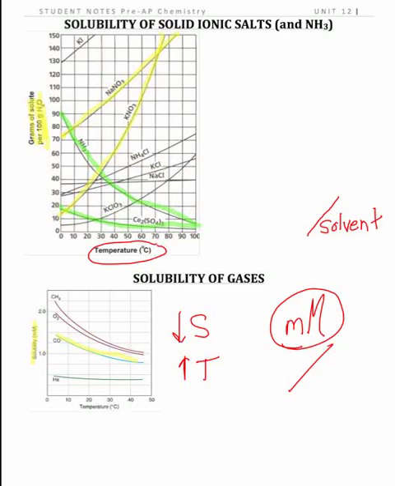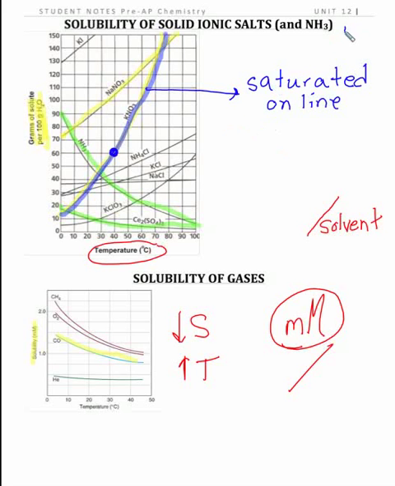Okay? Now, when we're reading this chart, I want to point out a couple of points if we're looking at a given line. So let's take a look specifically at this potassium nitrate here. If you are on the line, so any place on this line at any temperature and solute, for example, right here at 40 degrees Celsius and 60 grams, I have a saturated solution.